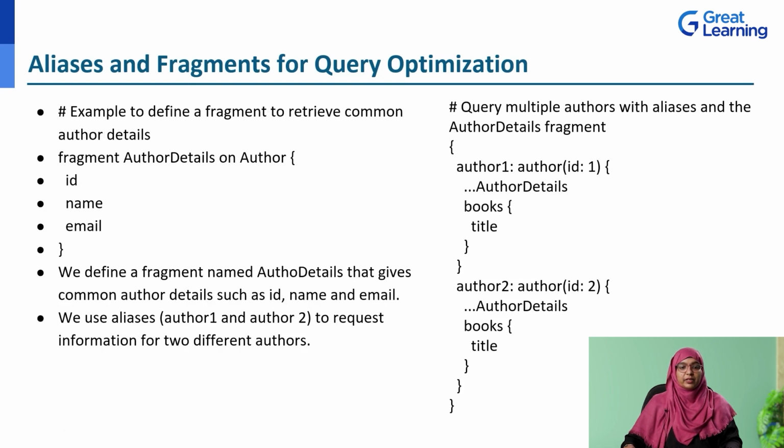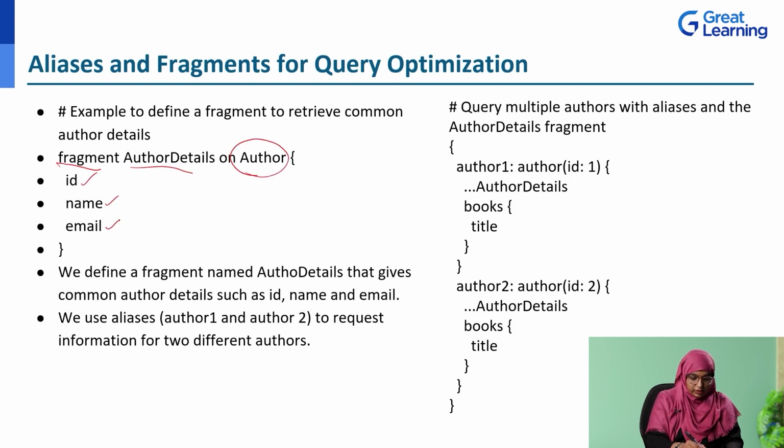So this example will define a fragment to retrieve common author details. You have the keyword called fragment, and you have your author details. On your author, you are trying to fetch the ID, name, and your email. So here you are trying to define a fragment named author details that gives common author details such as your ID, name and your email.